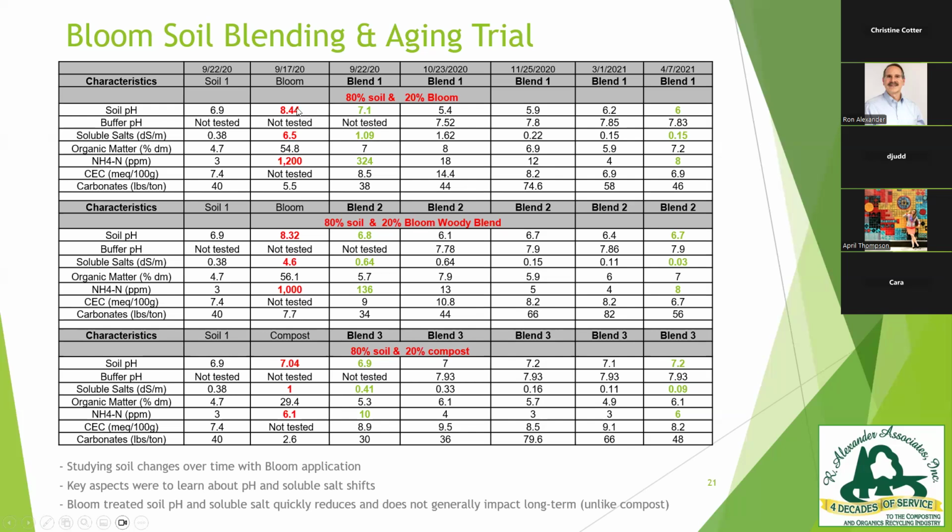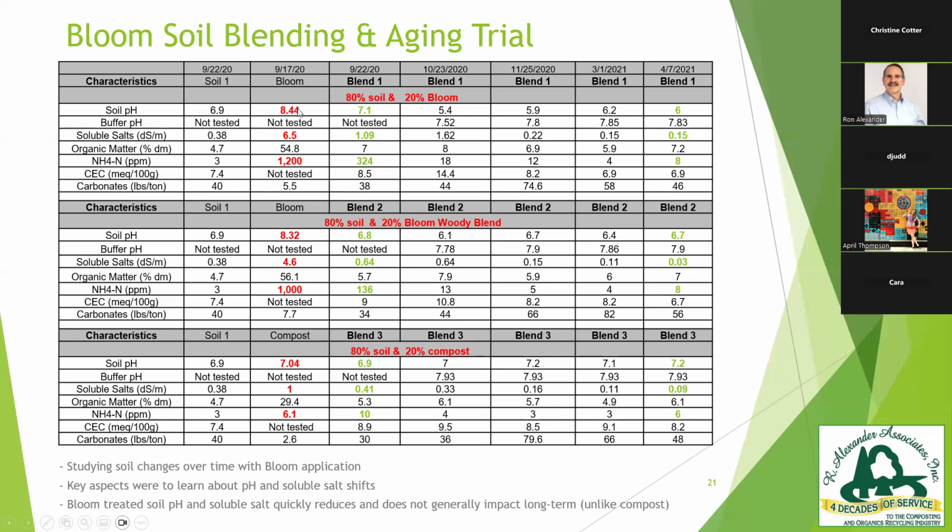And interestingly, people would say, look at this high pH of Bloom. Now, the interesting thing about that is the pH of this product, if you look, blended into the soil, after only 1 week, and then you start going down from here, notice that the pH of the original soil is 6.9.